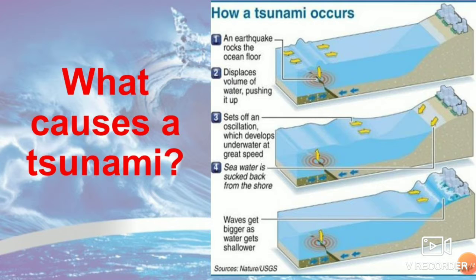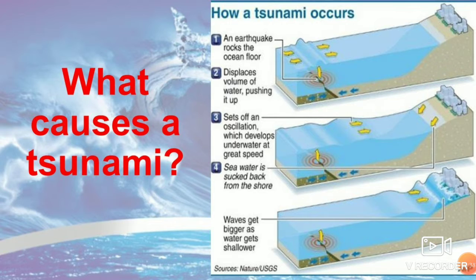So, what causes a tsunami? Let us see the things which cause the tsunami. An earthquake rocks the ocean floor. It displaces a volume of water, pushing it up, and sets off an oscillation which develops underwater at great speed. Seawater is sucked back from the shore.